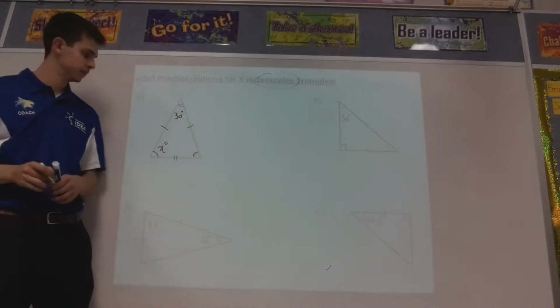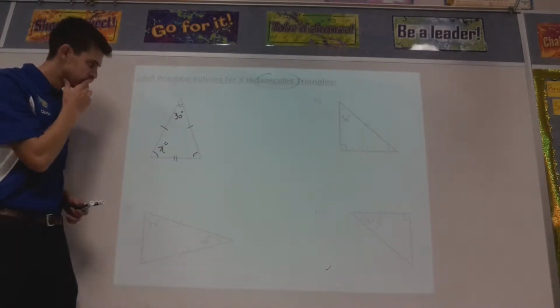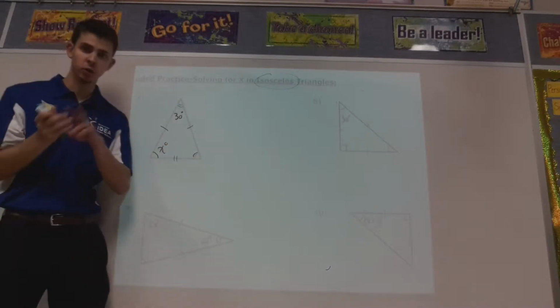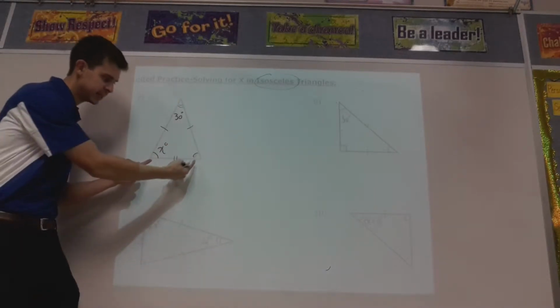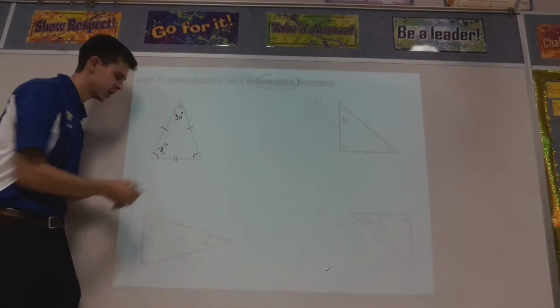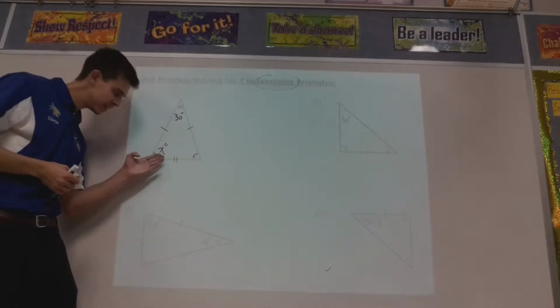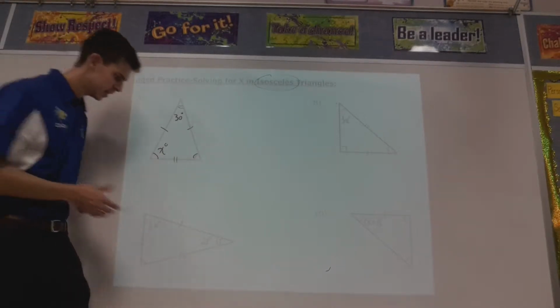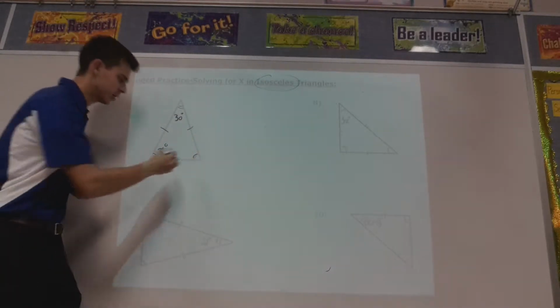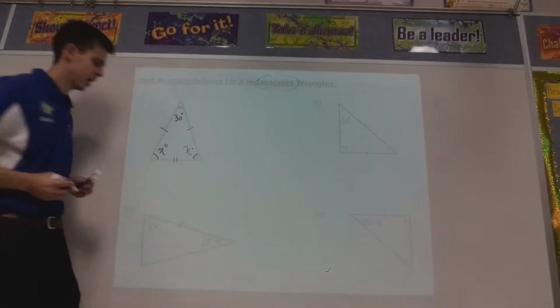Here's the key to this problem. I know that in an isosceles triangle, there are two angles that are the same. It tells me that these two angles are the same. So if I'm given that this is x, then this angle here must also be x degrees.